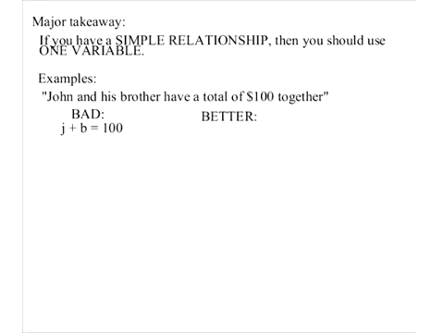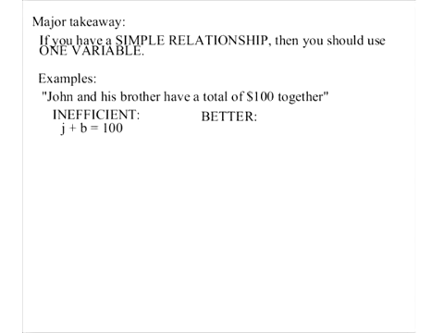It's just inefficient. I guess bad is the wrong word. It's not so much bad as it is inefficient. So who can type in the text box, what's a better way to do this with only one variable? The money that John has would be what, and the money that his brother has would be what?